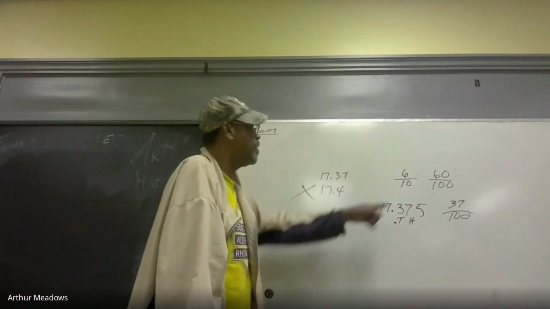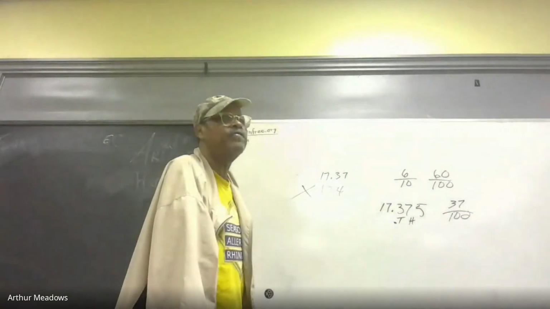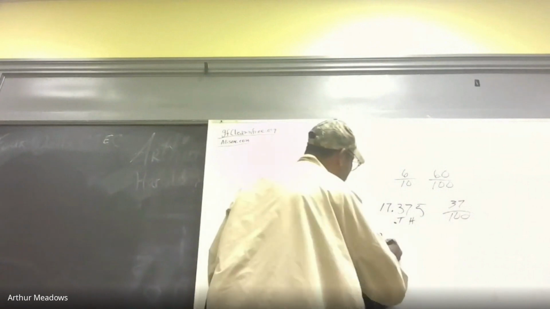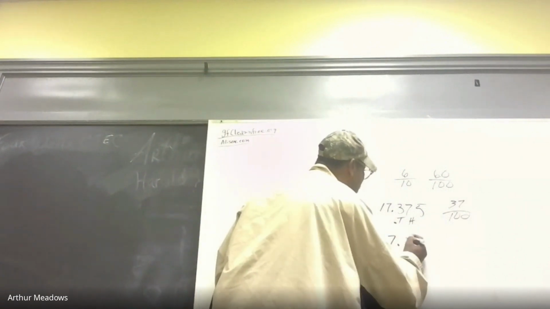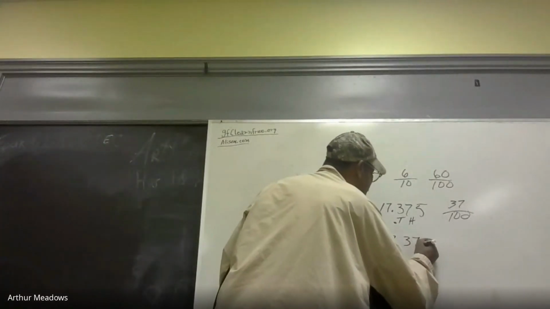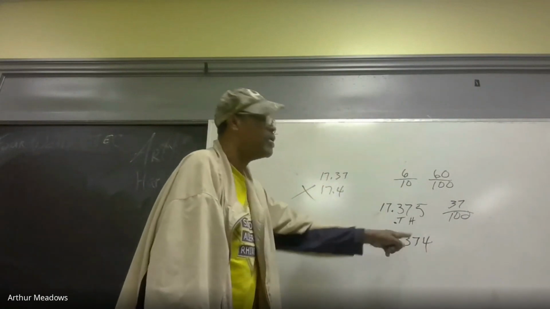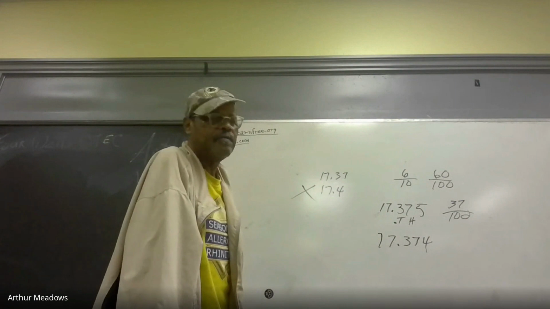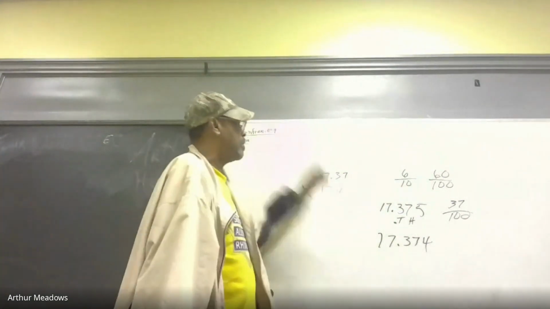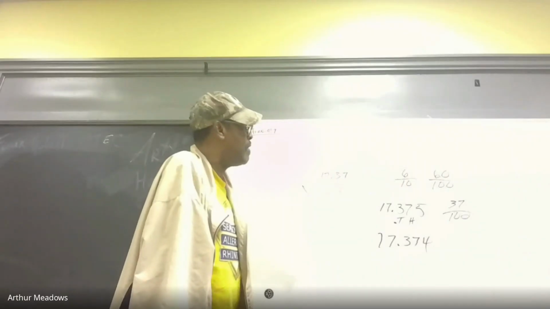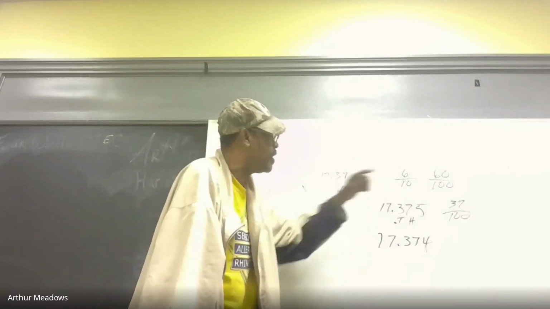If you came up with 17.374, it's still 17.37, because you cannot make this an 8. Right, because the 4 is not above 5. It's got to be above 5 to round this up to an 8.